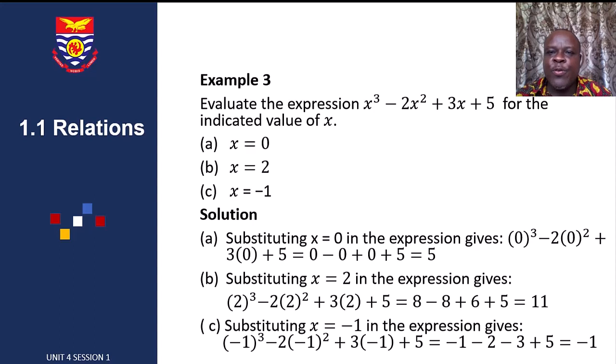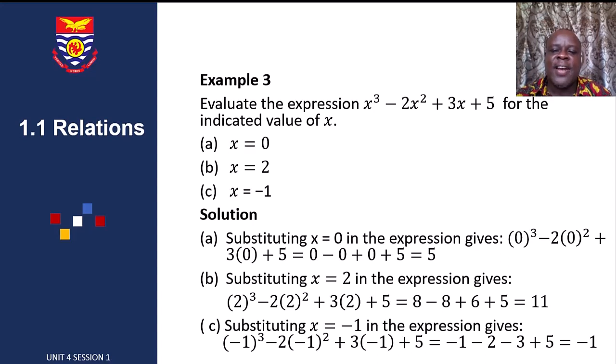So what we do is that we'll take the first value, which is 0, and we substitute it into the given expression. So in place of x, we put 0. So the expression becomes 0 cubed minus 2 into bracket 0 squared plus 3 into bracket 0 plus 5. If you simplify, you get 0 minus 0 plus 0 plus 5.